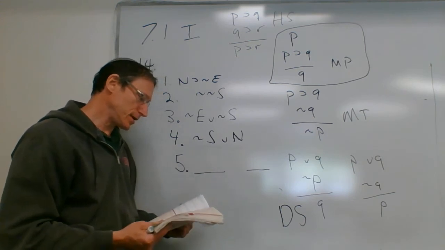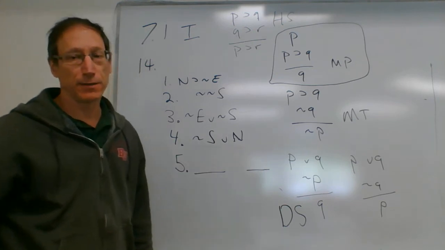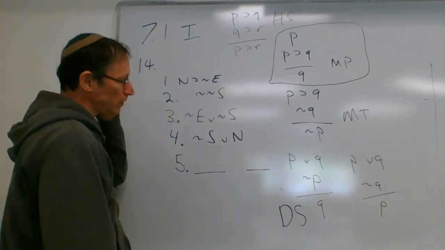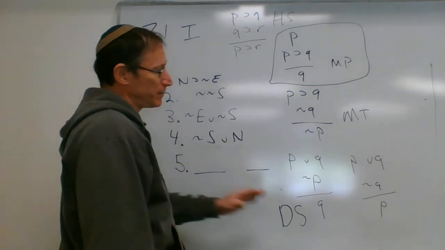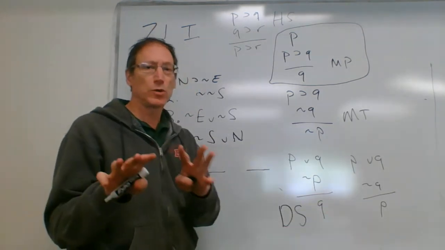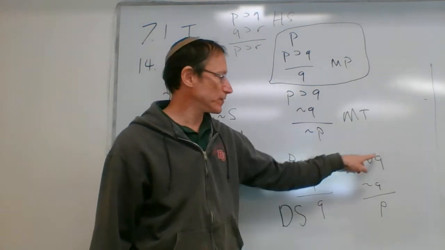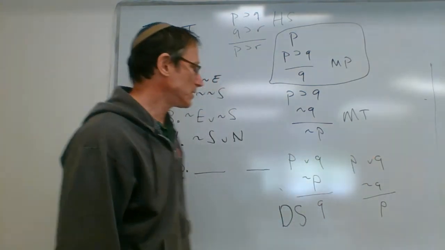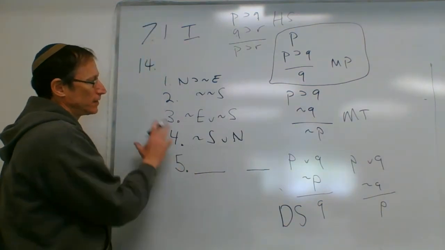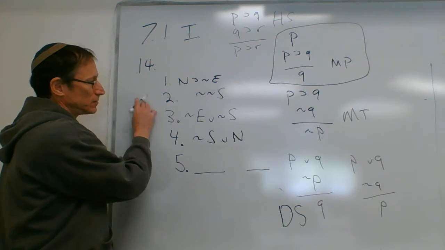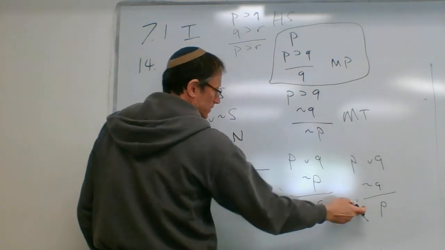Because it's looking to me like in number 14, actually I think the book made a mistake. There are, unless I'm missing something, oh, I know why. Okay, because I've told you that you can do disjunctive syllogism in either one of these 2 versions, right? So, according to the way I would have it, you can do disjunctive syllogism on 2 and 3. That would be this version of disjunctive syllogism.